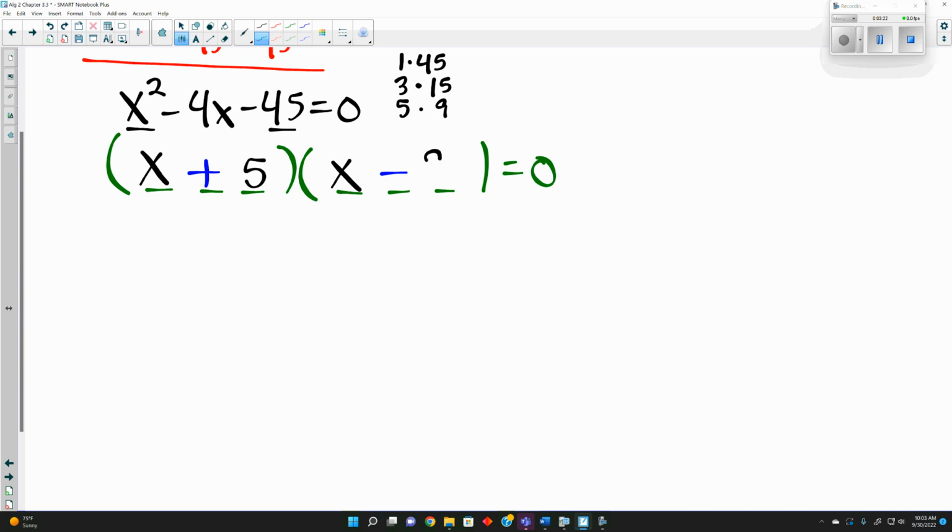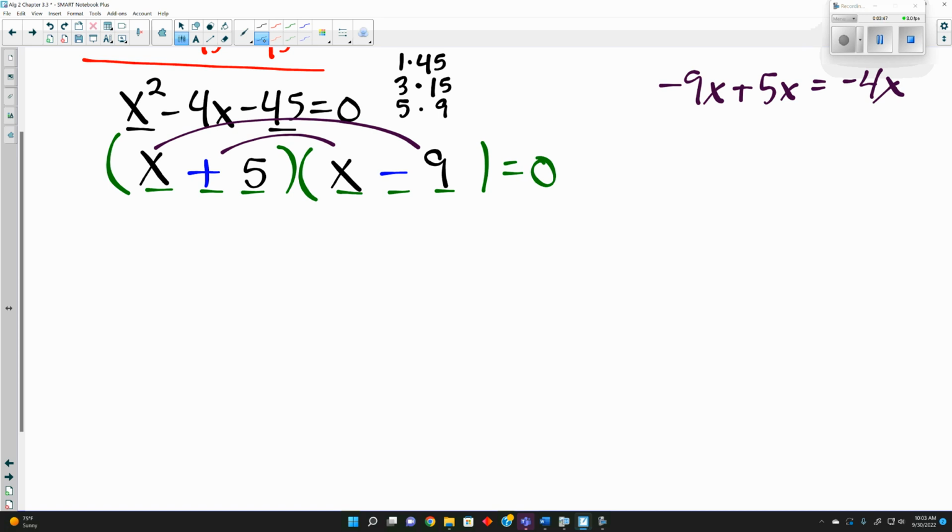And the 9 would be negative. Now we can check this, because negative 9 times x would be negative 9x. 5 times x is going to be plus 5x, which does indeed give us the negative 4x that we wanted.